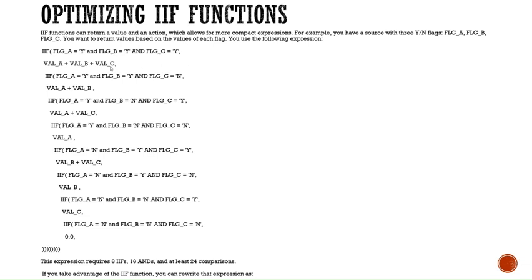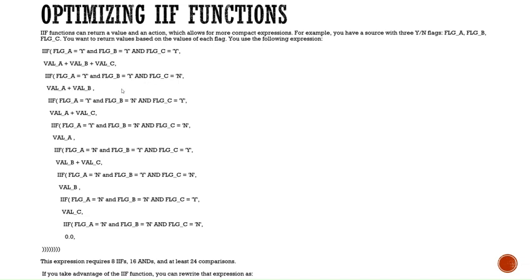Suppose IF flag A is Y and flag B is also Y, and flag C is also Y, then in that case the value A, value B and value C will be added.